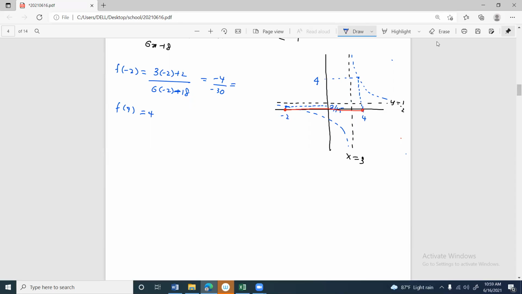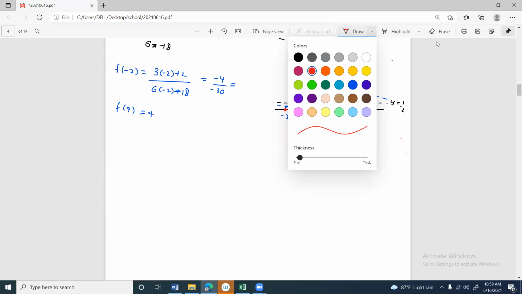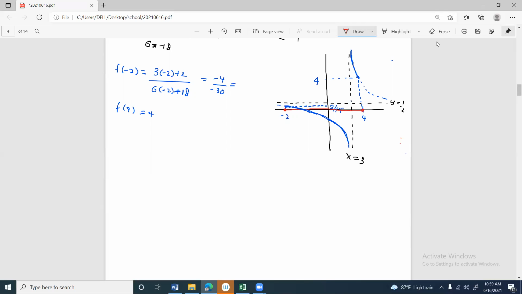Now you can see from these values the behavior of the graph. At minus 2 the graph is here, it's like this. And up to 4, the graph is somewhere up to here. Now let's draw the respective y values. Over here the y value is this.